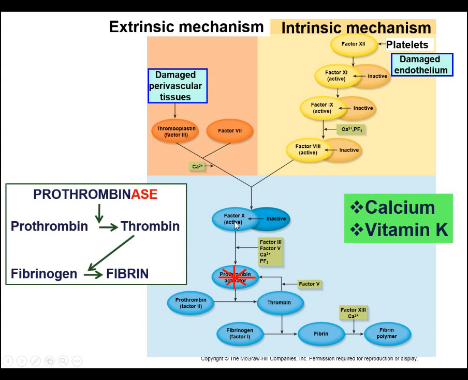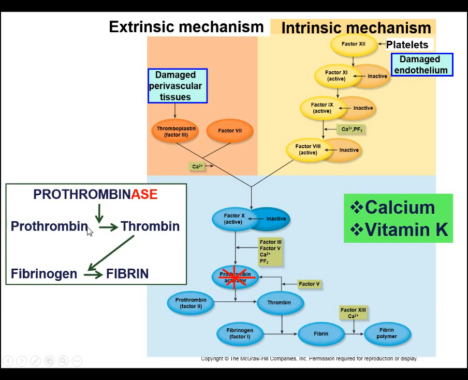Okay, so we talked about proteins that exist in the blood that are made in the liver, and prothrombin and fibrinogen are two of these clotting proteins that circulate in our blood all the time. They're there all the time, and this is where they come into play. They're going to be activated or converted to substances that will then facilitate the formation of fibrin.